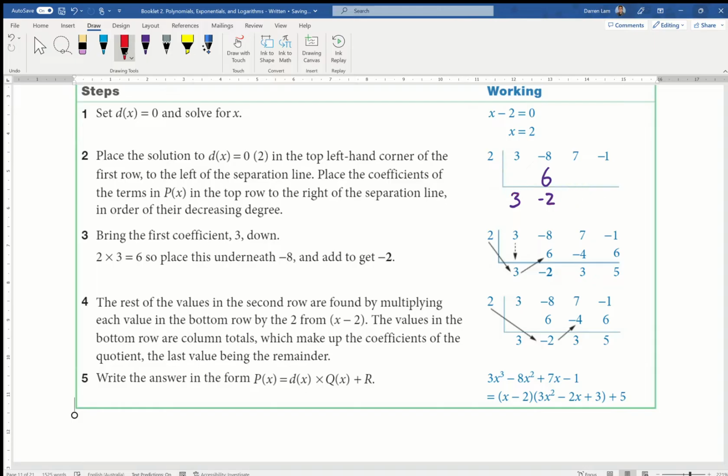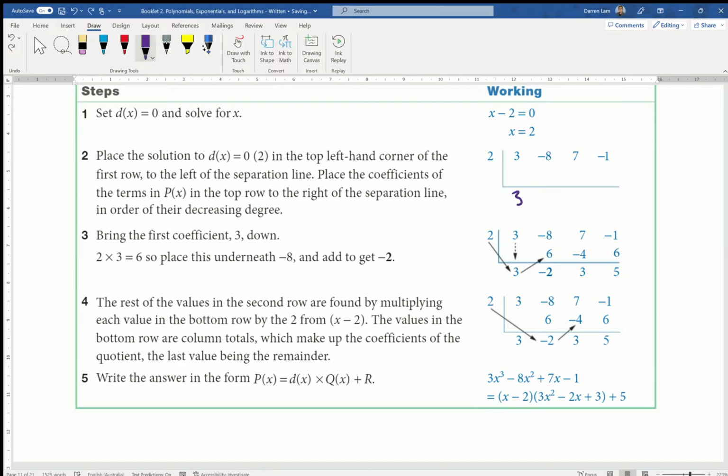Okay? So up next, negative 2. So we're going to go 2 times negative 2, which gives me negative 4. And again, I just work down. 7 minus 4, 3. And then I go 2 times 3 is 6. And then I work down the page. That's just positive 5. I'm going to do that one more time very quickly. I look down the page.